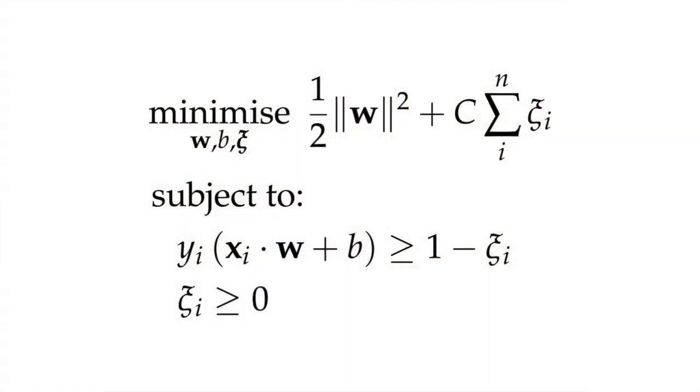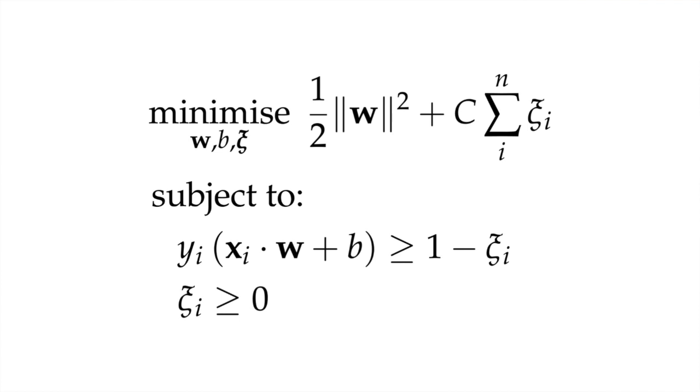As in the hard margin case, this is not a solvable problem as it stands, but we can similarly rearrange it to get rid of the M and rephrase it only in terms of W, B and xi.